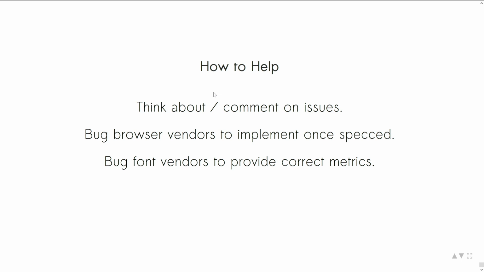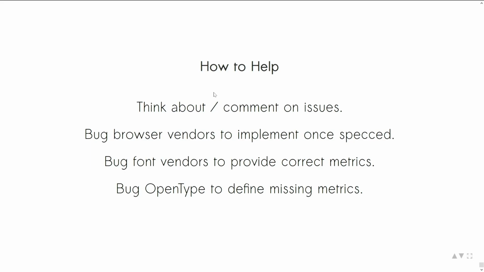You can bug the font vendors to provide correct metrics. If you buy your fonts from a better font vendor, then they will hopefully have better metrics. But the cheap free ones maybe don't have such good metrics. Sometimes they do, the open source ones. But you can bug the people that are supporting their fonts.